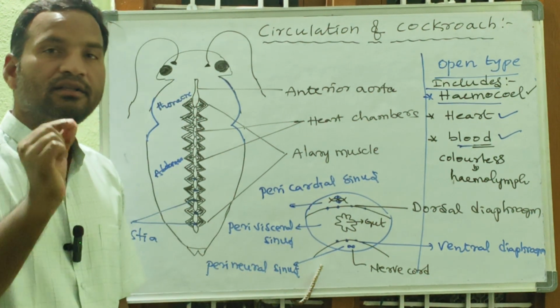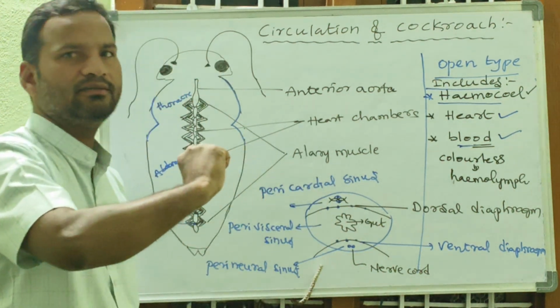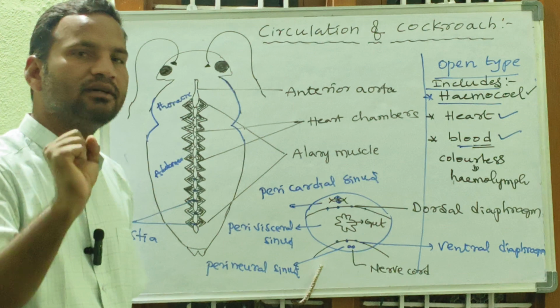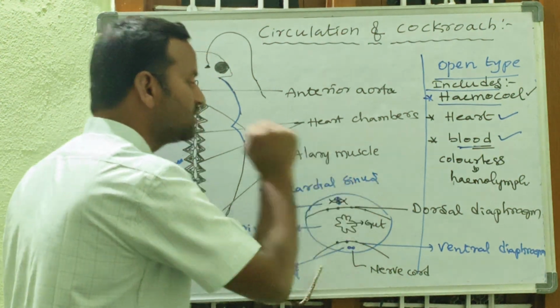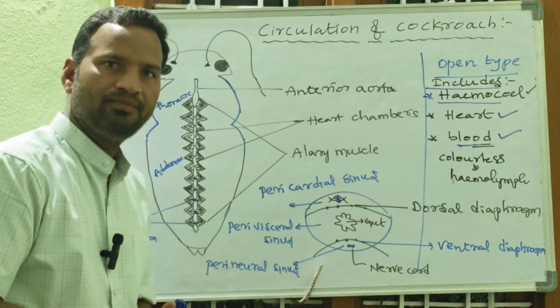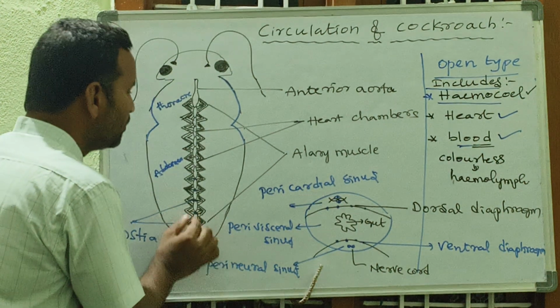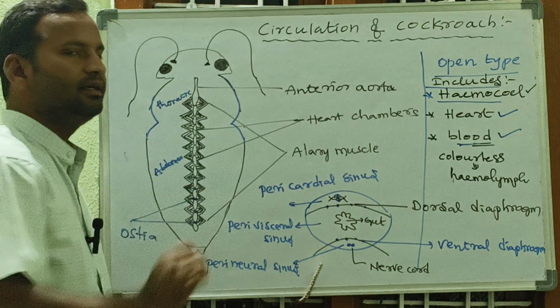As a result, the volume of the pericardial sinus is decreased. Due to the decrease in volume, pressure is increased in this region. That's why the blood flows from posterior to anterior.